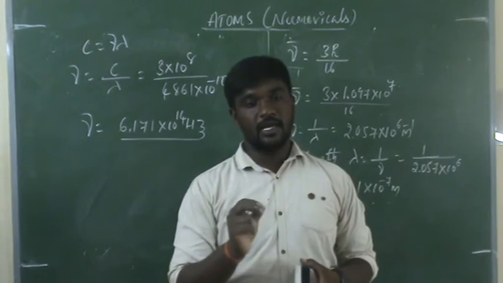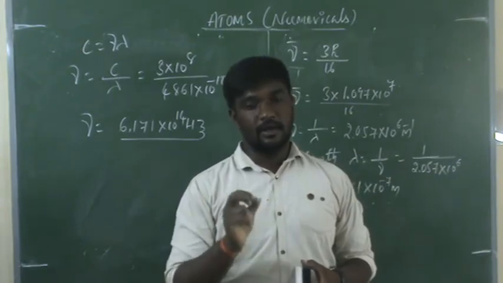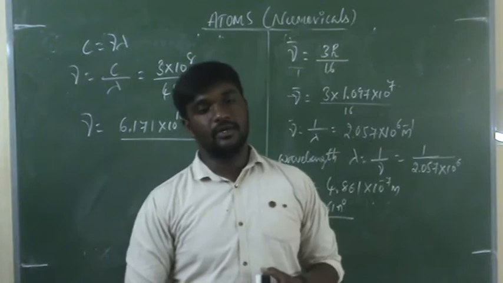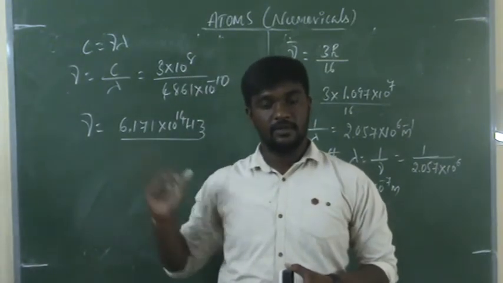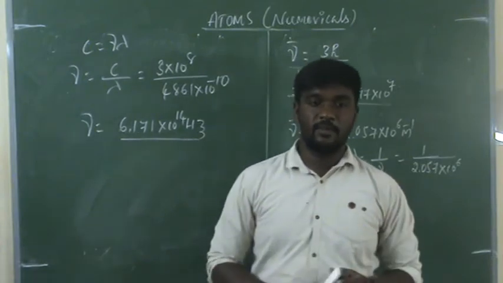Wave number, nu bar, is 1 over lambda equals R into 1 by n1 square minus 1 by n2 square. The H beta line of the Balmer series has n1 equals 2 and n2 equals 4. By substituting these values in that equation, we get the wave number.